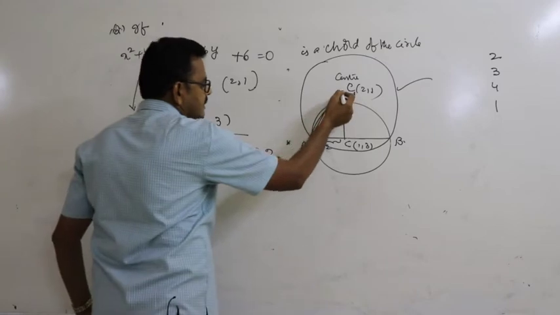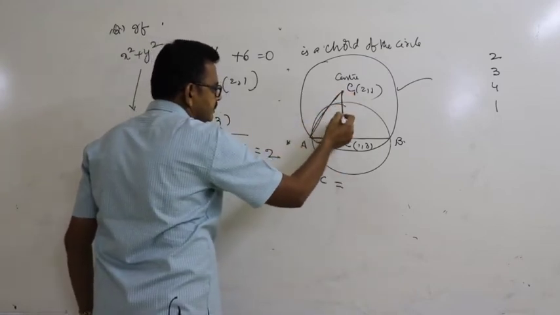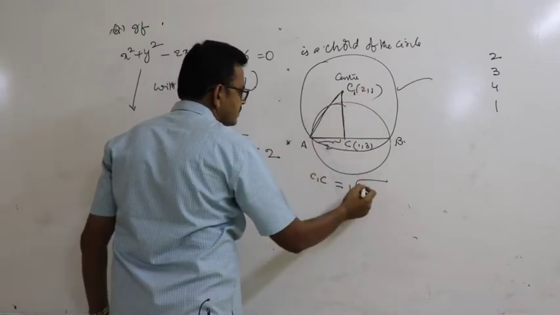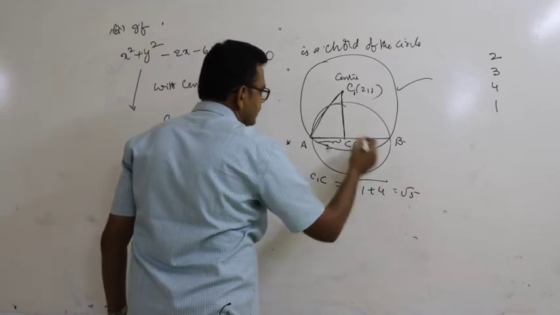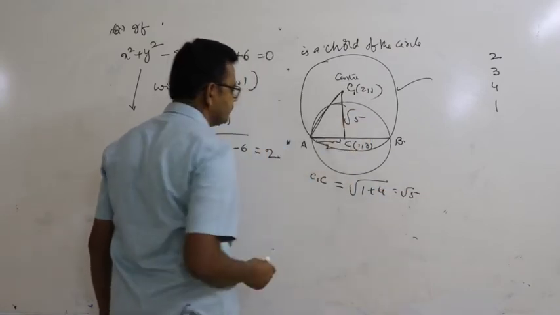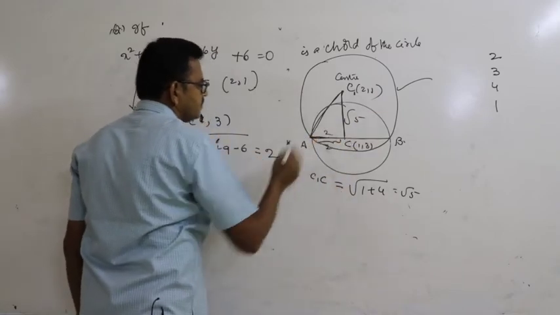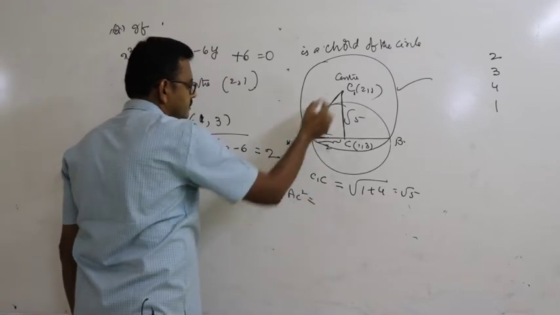So here CC1 is equal to the distance between the points. Distance is root of (x2 minus x1) whole square plus 1, that is root 5. So this is root 5. And this is the radius of this circle, this is 2. So AC square is 4.